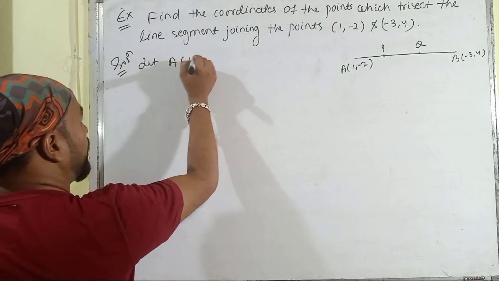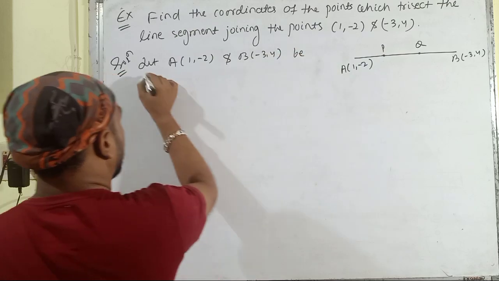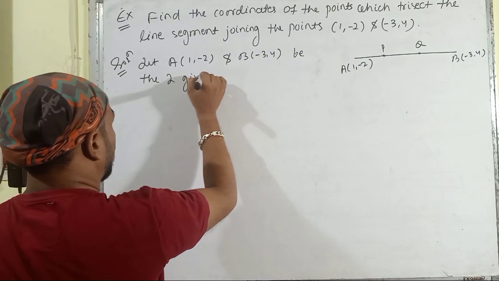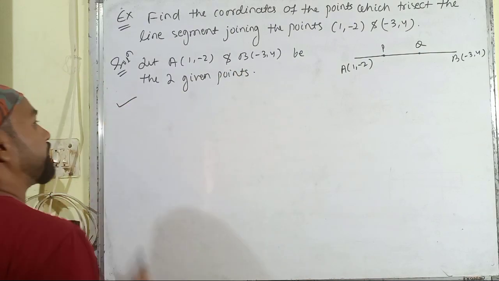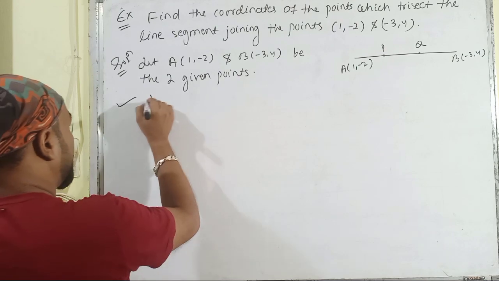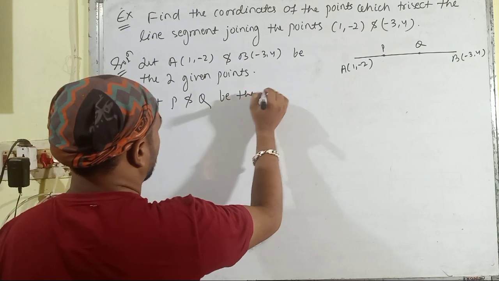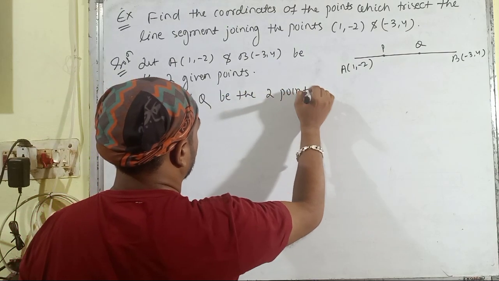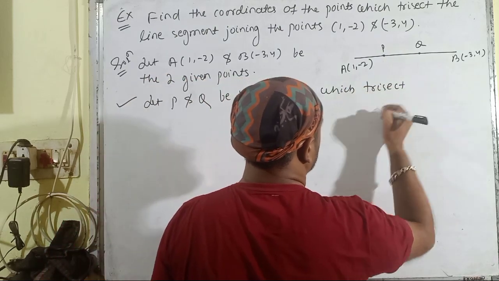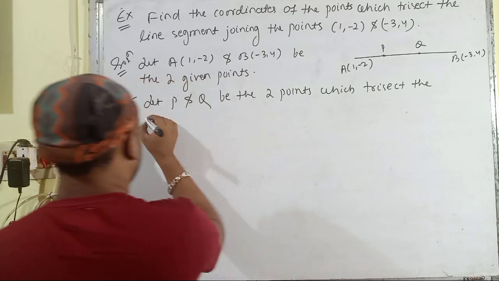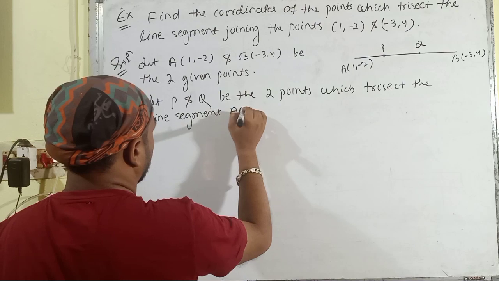Let A(1, -2) and B(-3, 4) be the two given points. Let P and Q be the 2 points which trisect the line segment AB.